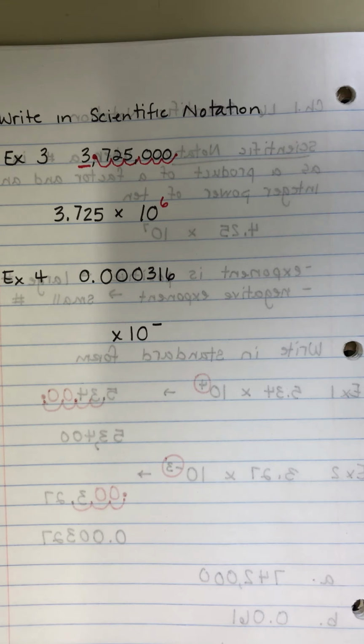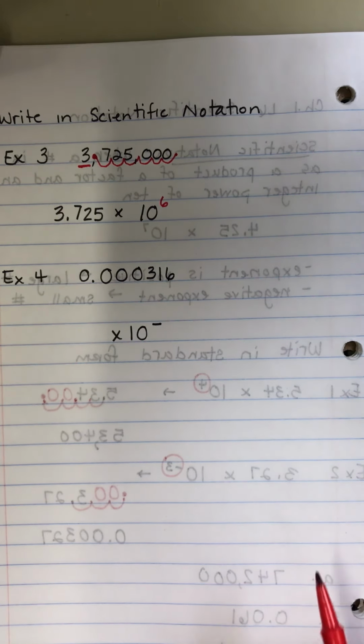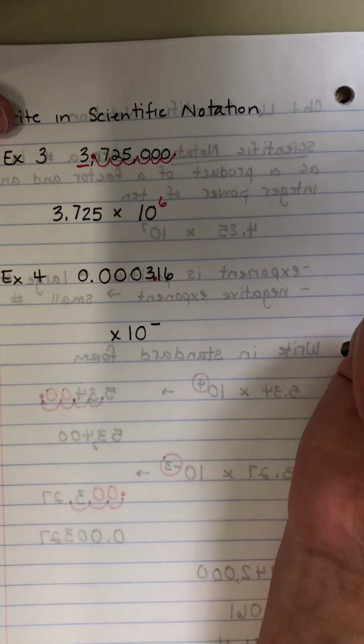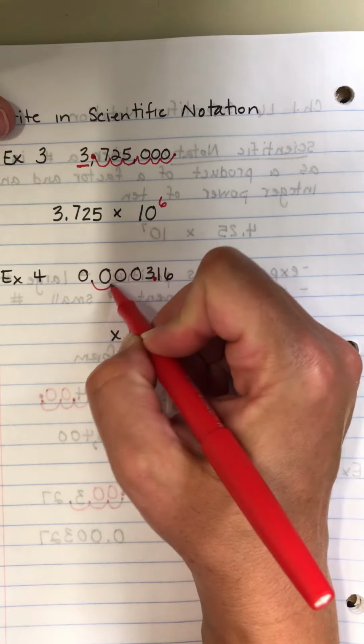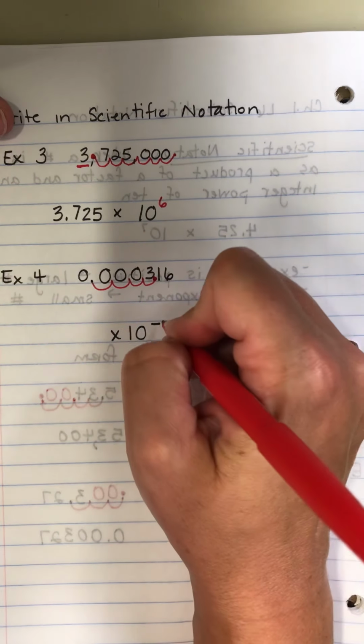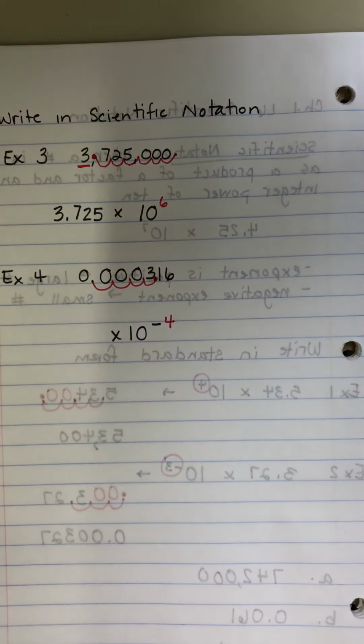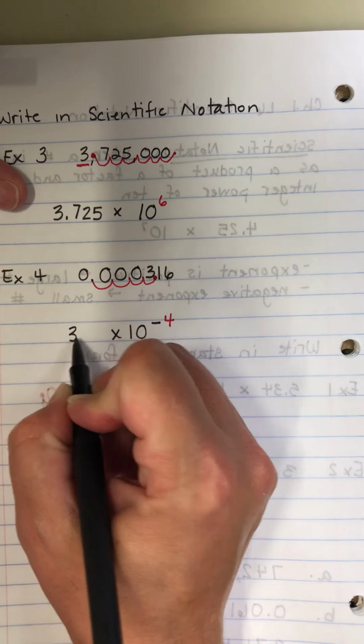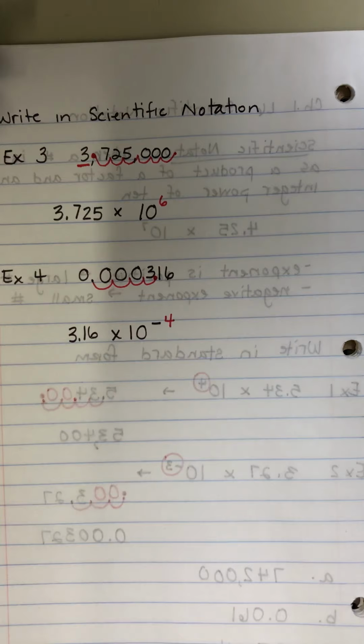Once again, I want 1 digit that's not a 0 in front of my decimal. I need to go between the 3 and the 1. I'm going to count 1, 2, 3, 4. It takes 4 to get there. And all I have left now is 3.16 times 10 to the negative 4th power.